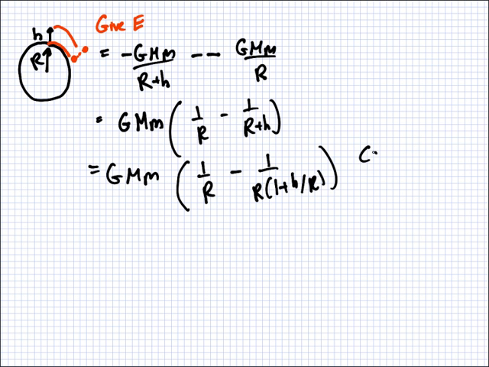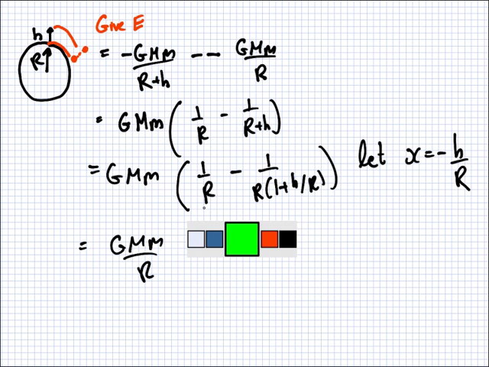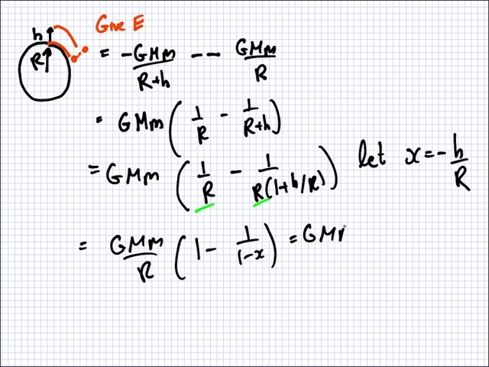Now, let x equal minus H over R. So this is equal to GMm over R, because you have R here and here now, times 1 minus 1 over 1 minus x. Which equals GMm over R times 1 minus (1 plus x plus x squared, and so on).